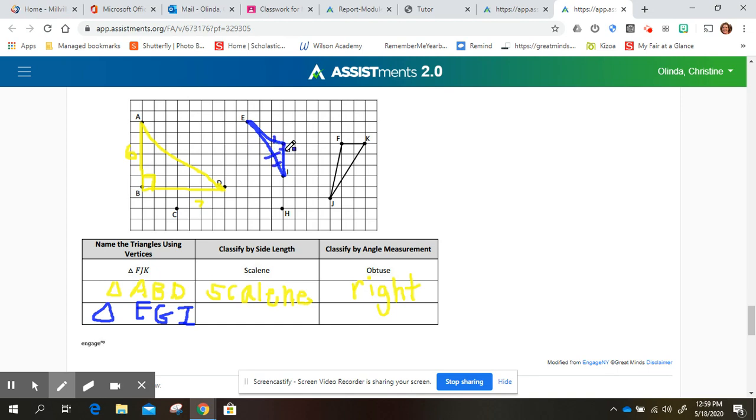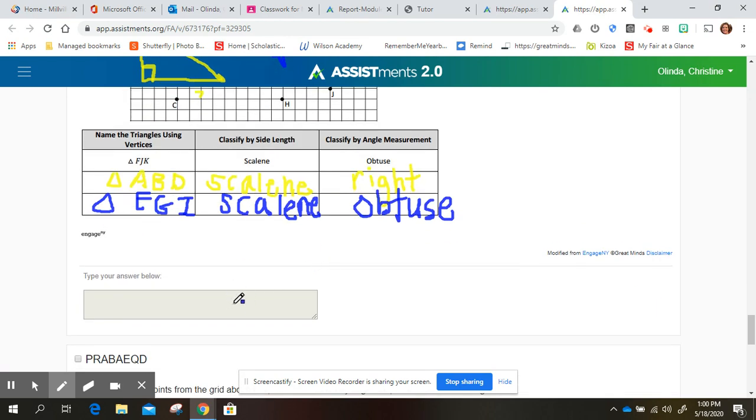They're all different. So I put 3 different lines, 3 here, 1 here, and 2. They're all different. So that would be a scalene triangle again. But this time there is no right angle. In fact, this one would have to be obtuse. All right, so you want to type that in here.